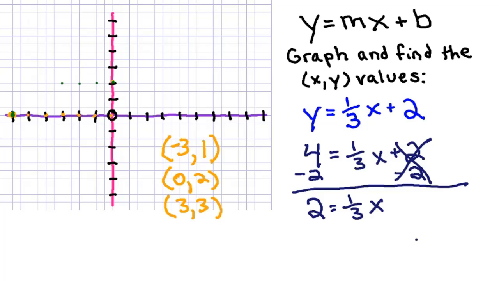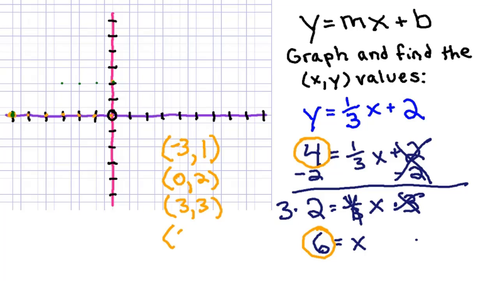So now we need to get rid of this 1/3, and we can do that by multiplying by 3 on both sides. So this cancels out, and we have 3 times 2 equals 6 equals x. So when y is 4, then x is 6. So let's write that down. X is 6, comma, 4.